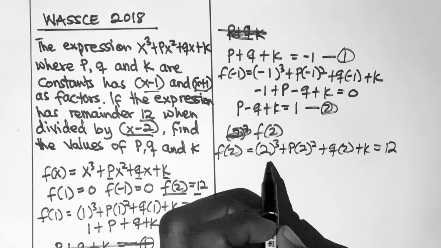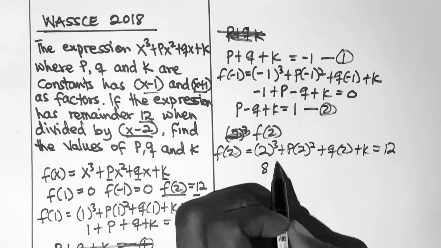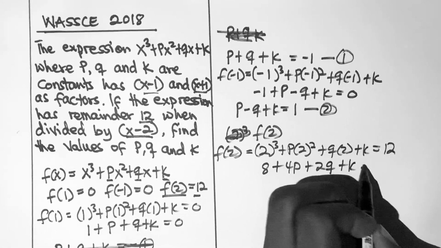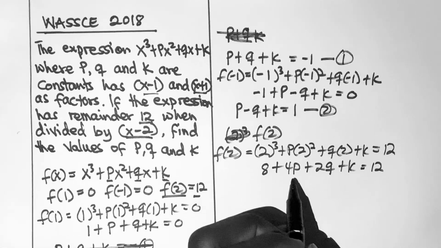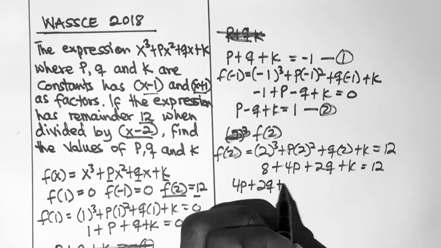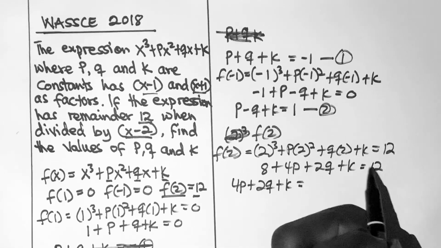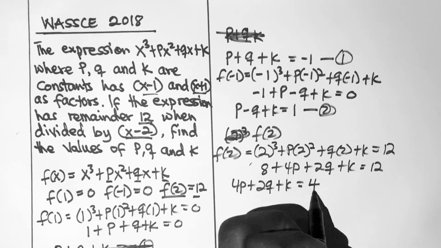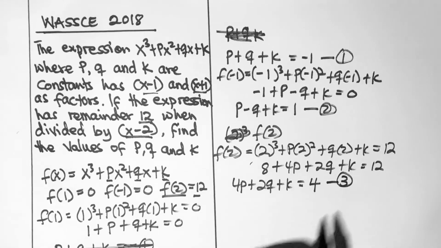So 2 cubed is 8, then 2 squared is 4, so plus 4p, then plus 2q plus k is equal to 12. So now 4p plus 2q plus k is equal to 12 minus 8, and that's 4. So this becomes our equation 3.